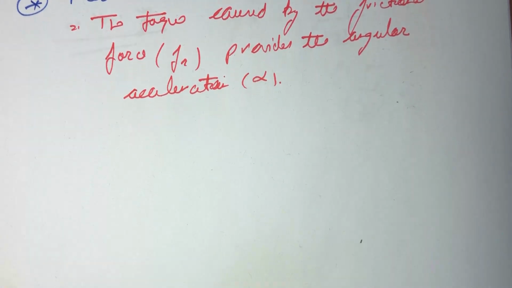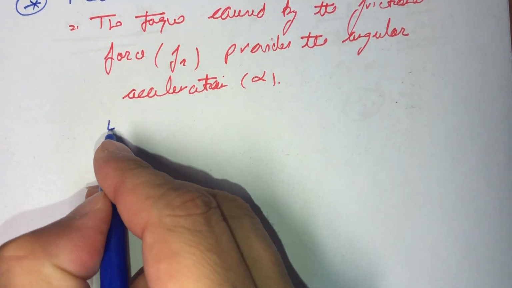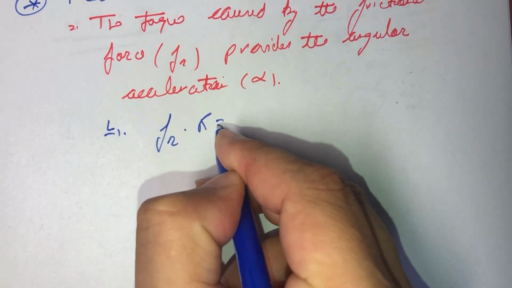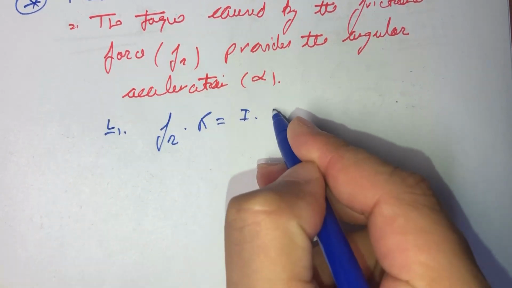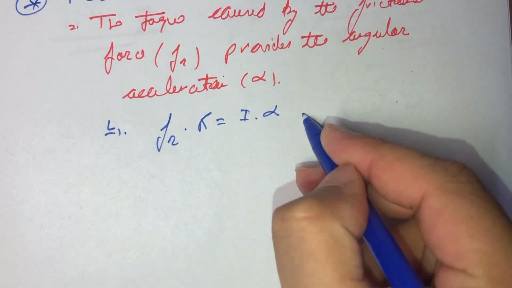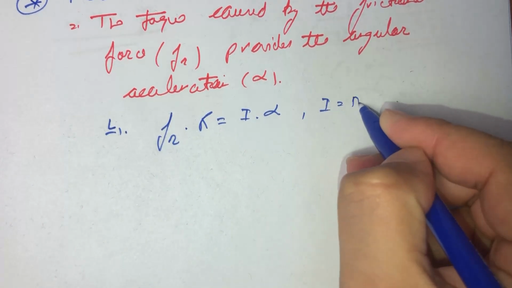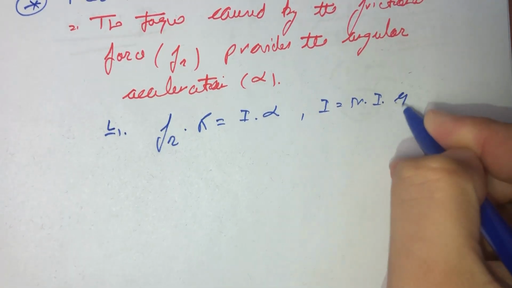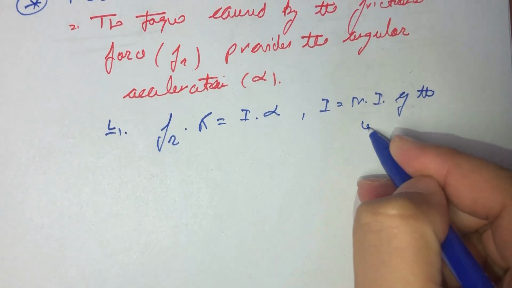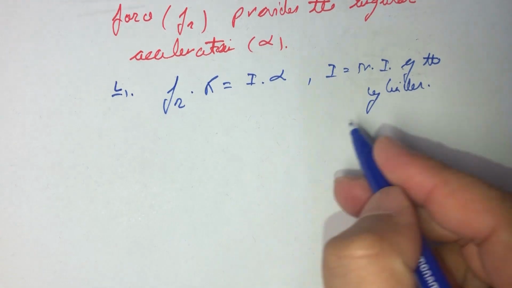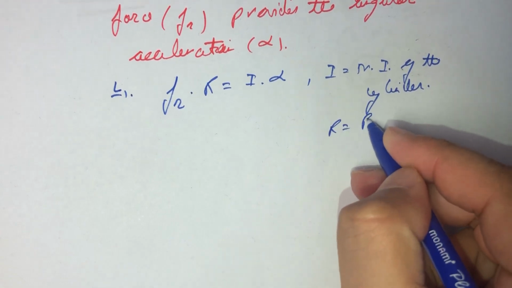Therefore, we can write the equation as Fr multiplied by R will be equal to I into alpha, where I is the moment of inertia of the cylinder and R is the radius of the cylinder.